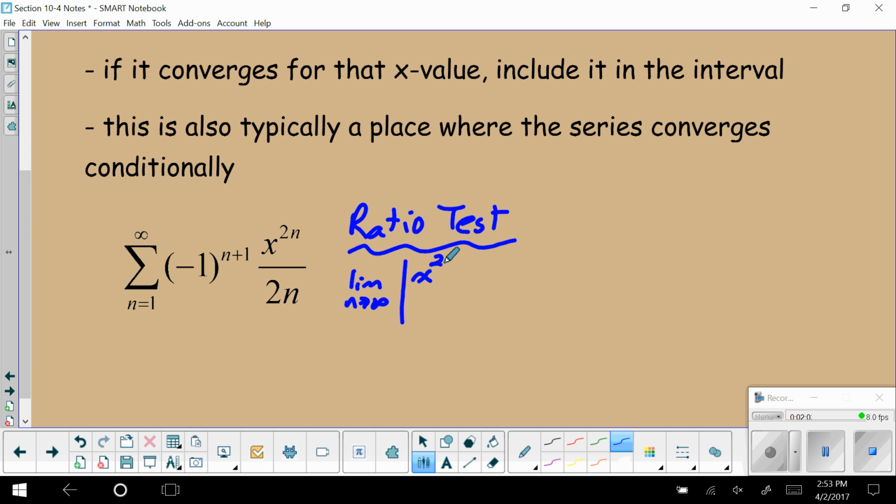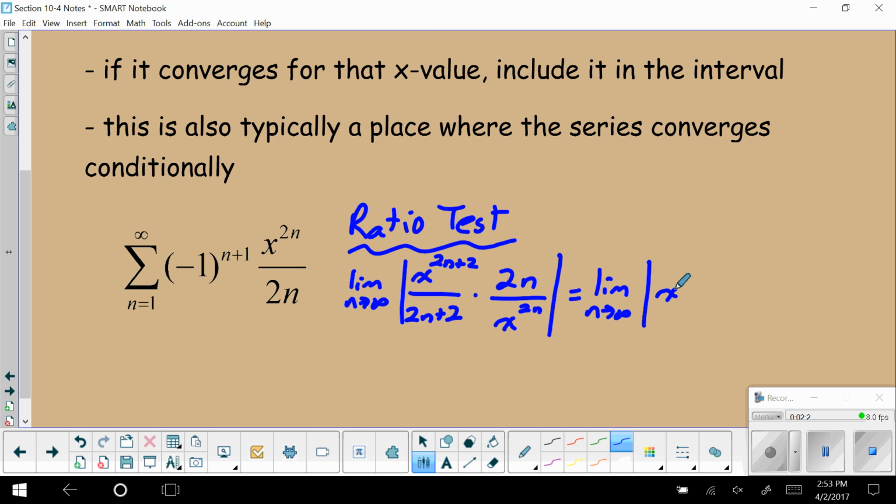So the n plus first term divided by my nth term, and I get the limit as n goes to infinity of the absolute value of x squared times 2n over 2n plus 2. The x squared is not affected by my limit.